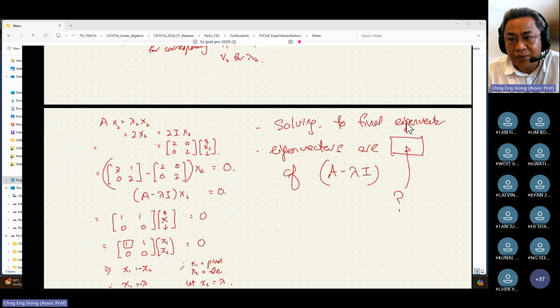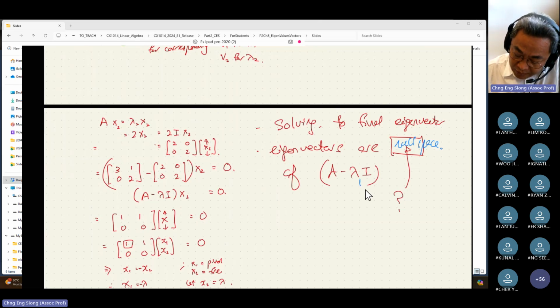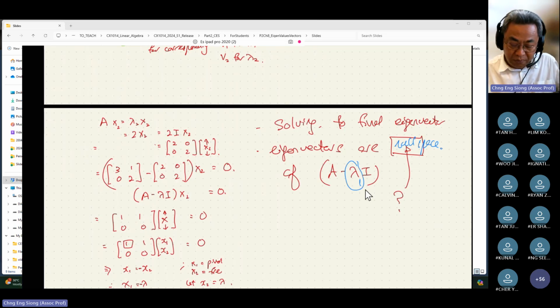So the eigenvectors are what of this matrix A minus lambda I? The null space. Excellent. Outstanding. 1 mark for the exam. So the null space of this matrix is the eigenvector. So cool, huh? Of course, it must be very clear: the null space of the corresponding eigenvalue. Because there are 2 of them, you can go and solve for the second one by yourself.